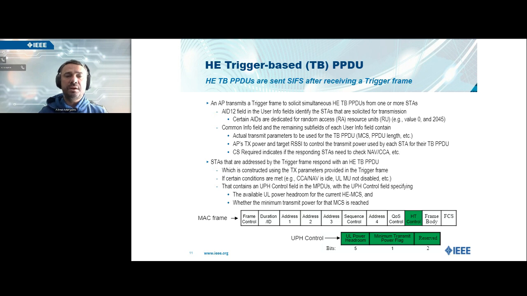These two parameters can be used by the access point for subsequent trigger frames that are being sent to that same station, and to know whether, if the access point requests the station to transmit with more power, the station can achieve that, or whether the station has reached its maximum transmit power and hence cannot satisfy subsequent trigger frames that are demanding higher transmit powers in the uplink.